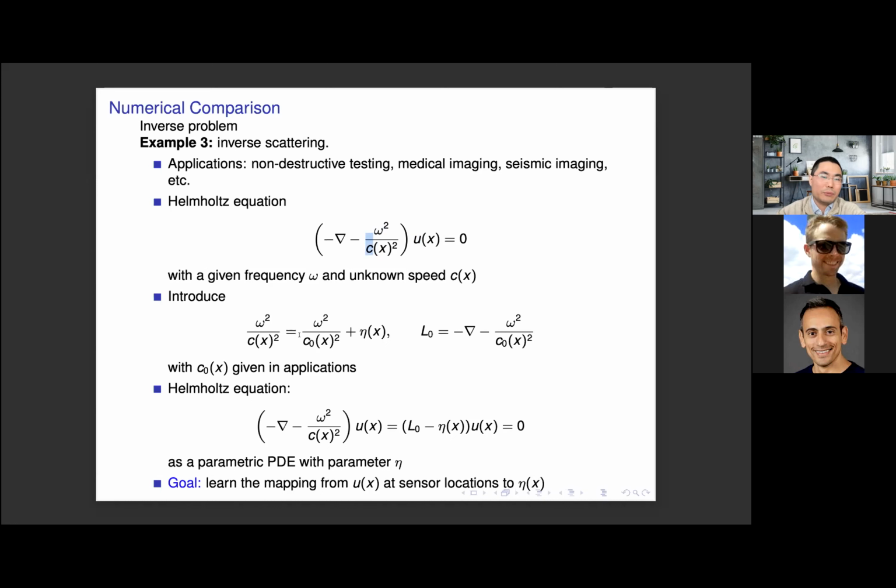So we assume that we have a known function c0, such that we can do the decomposition here. Learning c is equivalent to learning the eta function. If we substitute this function back into the Helmholtz equation, we get a new PDE model, where L is now a known operator. So the problem is reduced to learning the eta function from the measurement of the solution function u.